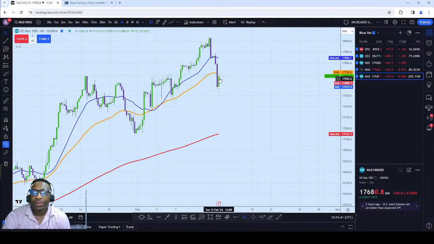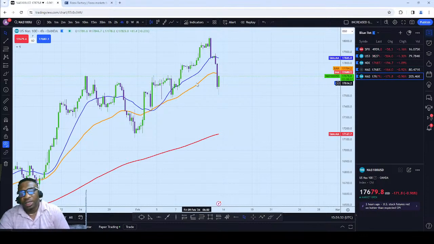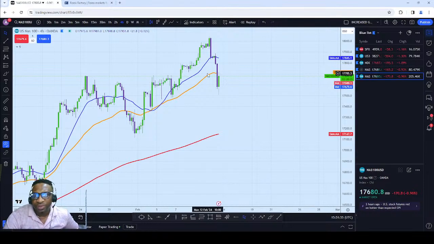But the only thing is, it's way below the 20 moving average. So we cannot certainly say we can take advantage of it at the moment, if you're talking in terms of the 4 hour.